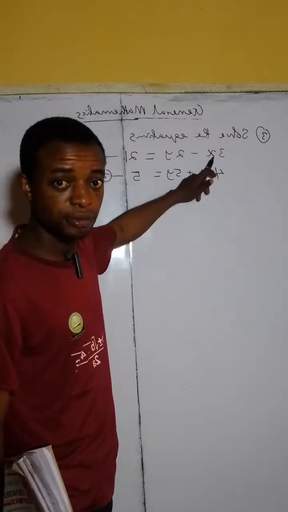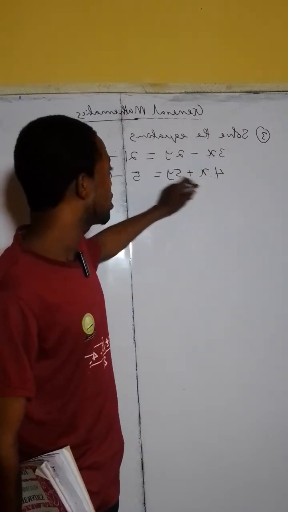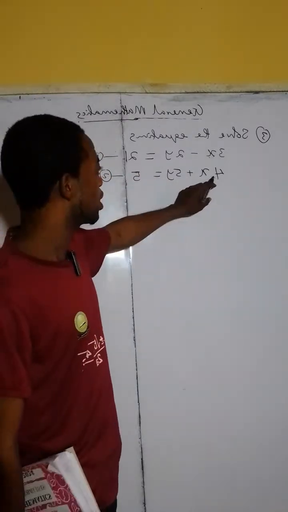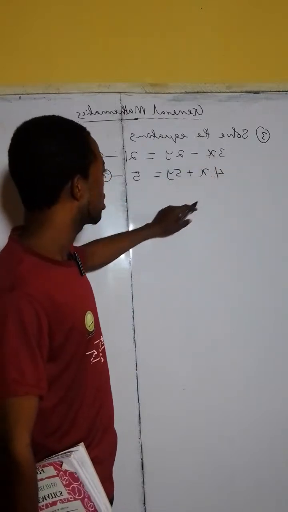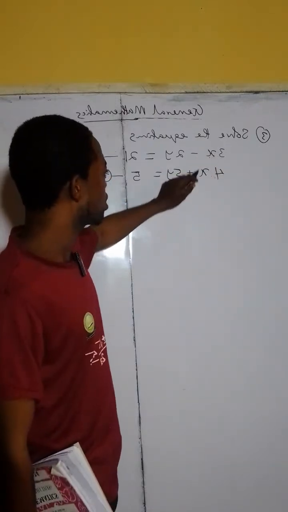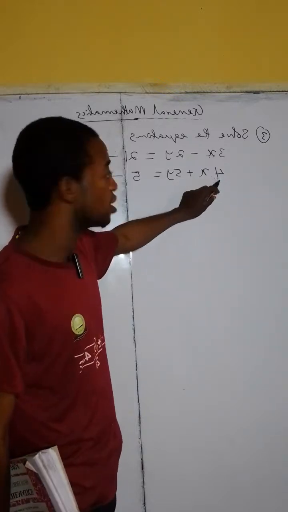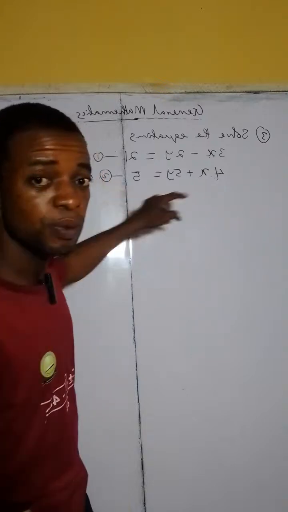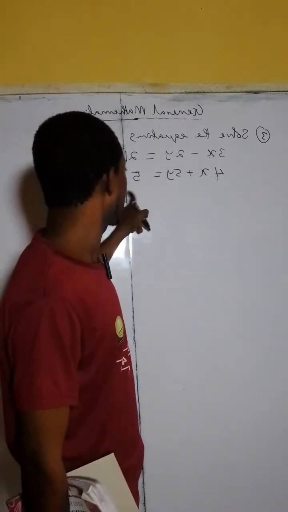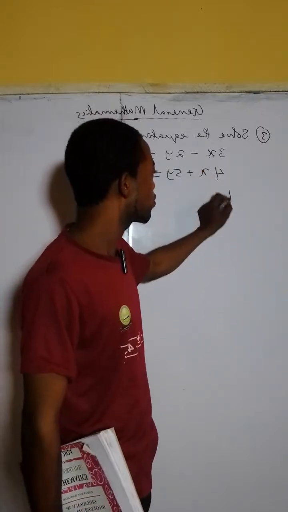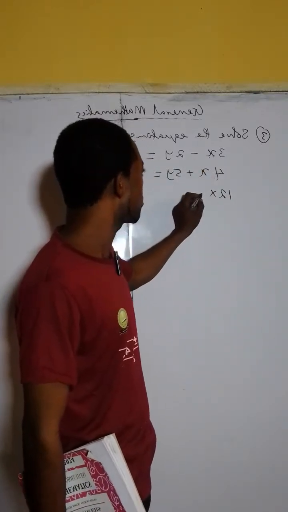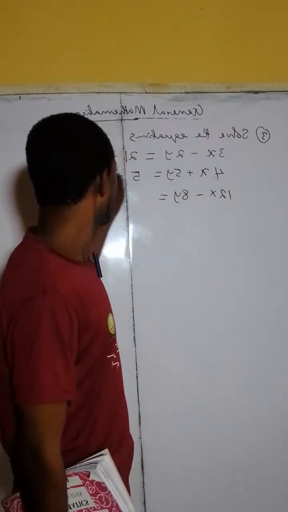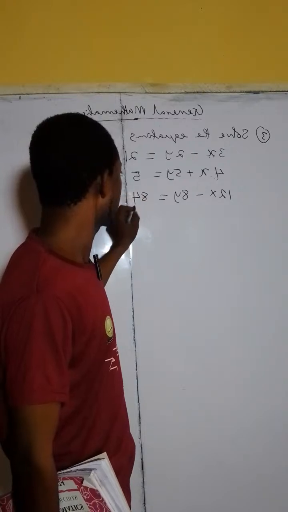So it implies that we can multiply equation 1 by 4 so that this will be 12, and also use 3 to multiply equation 2 so that this will also be 12. So when you multiply equation 1 by 4, it becomes 12x minus 8y equals 84 on this side.